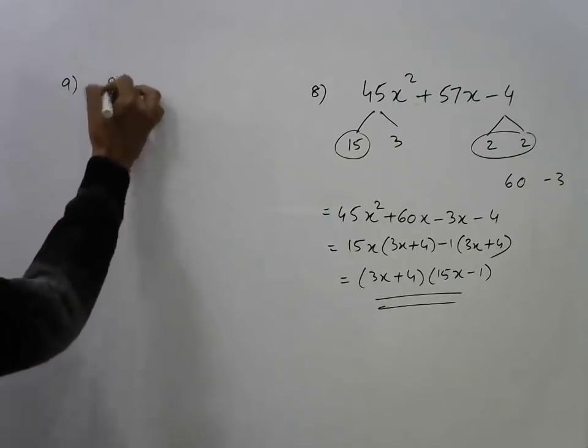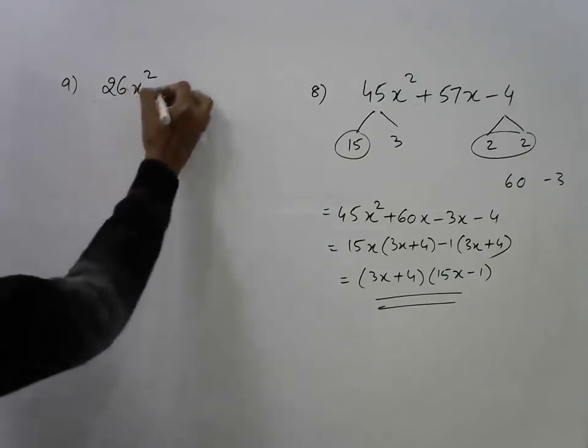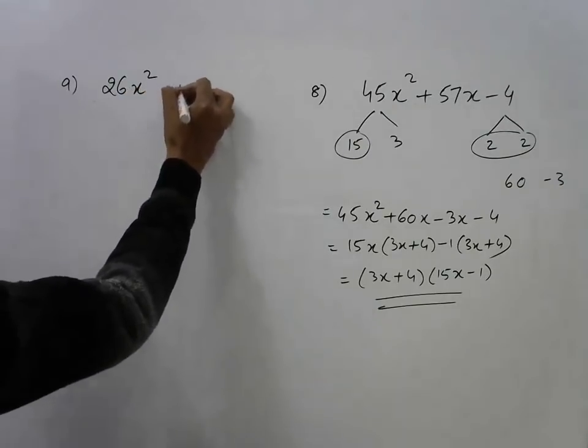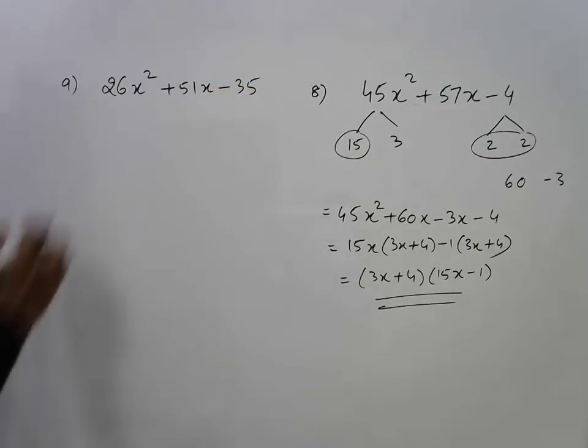Okay, this is 26x square plus 51x minus 35. See, let's have this one.